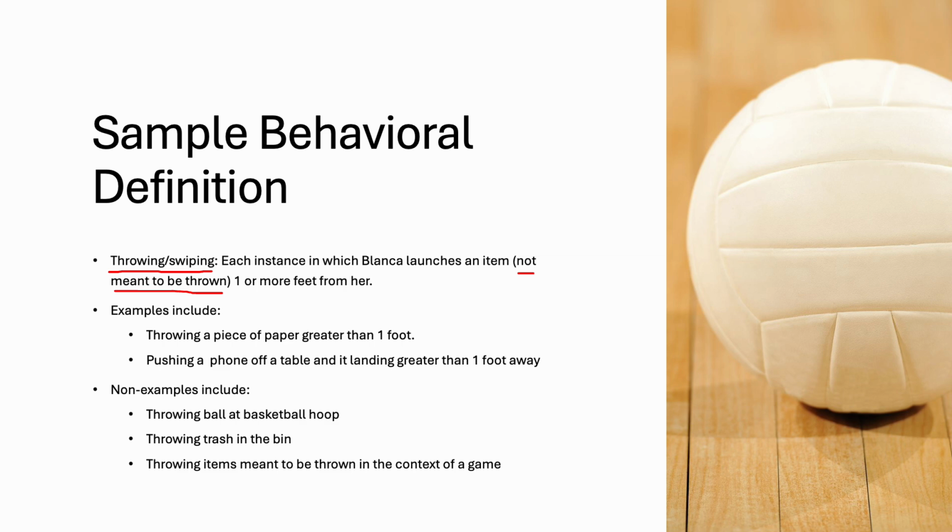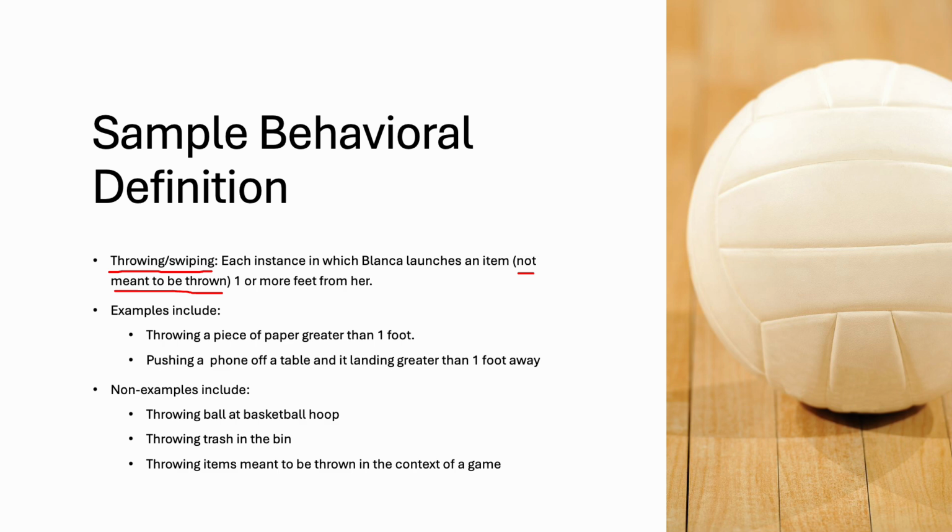And I also specified in my definition that it's items that are not meant to be thrown. And then some non-examples include throwing a ball at the basketball hoop, throwing trash in the bin, throwing items that are meant to be thrown in the context of a game. Okay, so my non-examples include the context under which the behavior should not be counted.